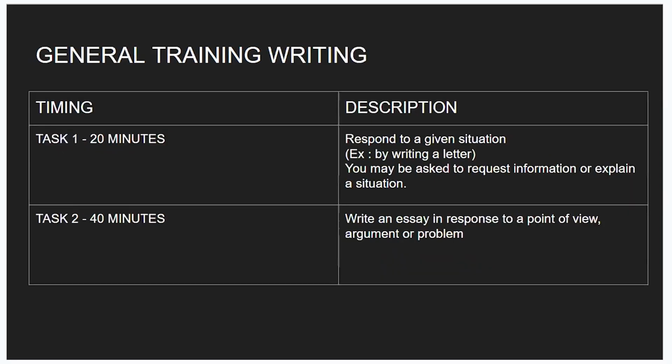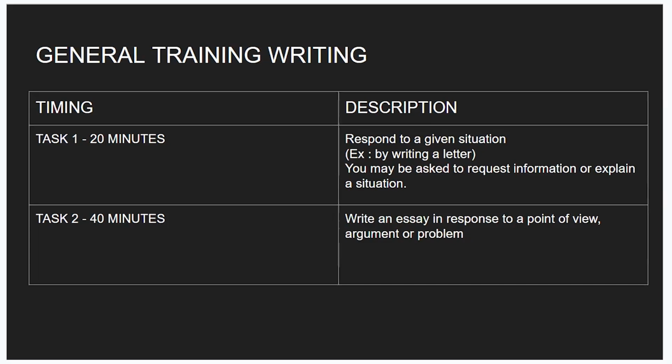Now, let us look into general training writing. In general training writing, you may have two tasks, for which task 1 takes 20 minutes, and there is a slight difference in this because the general training module is different from academic training.